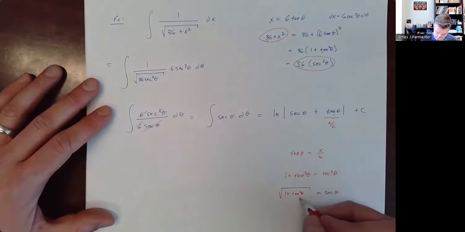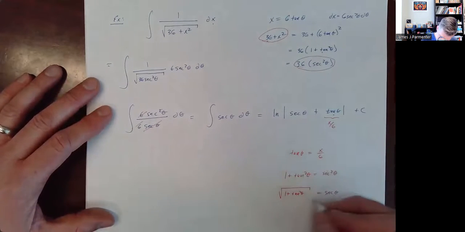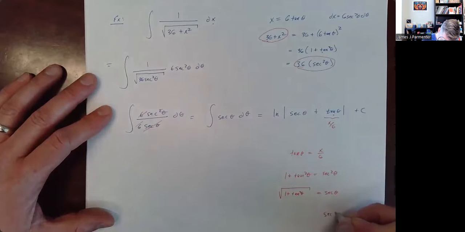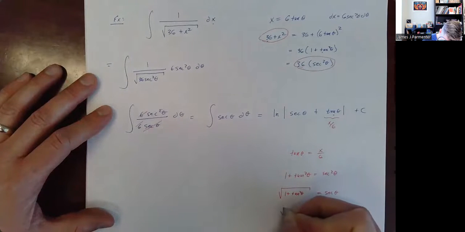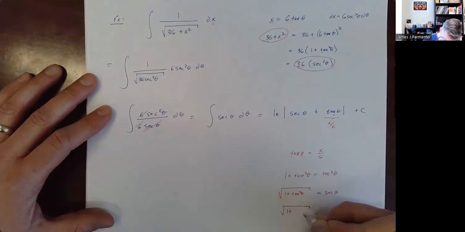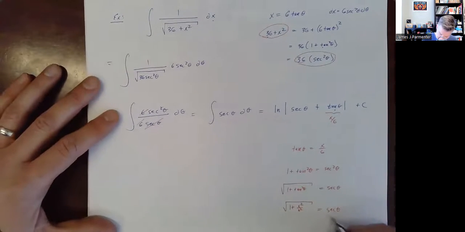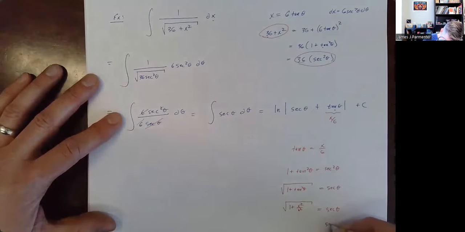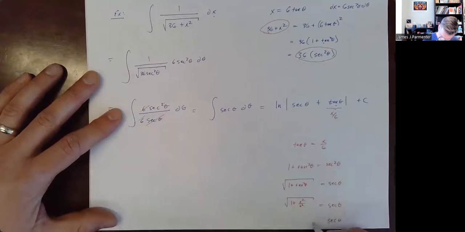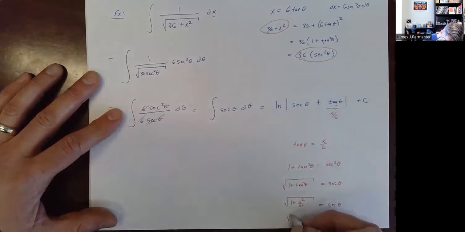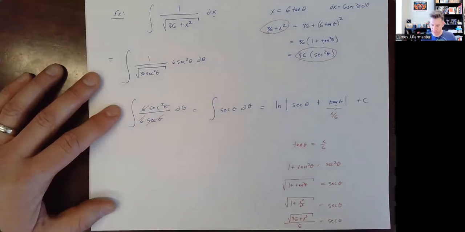And then I can replace tangent of theta with x over 6. So secant of theta is equal to the square root of 1 plus x squared over 6 squared. Or simplifying, secant of theta will actually equal the square root of 36 plus x squared, all over 6, not in the square root. I think that's right anyway.